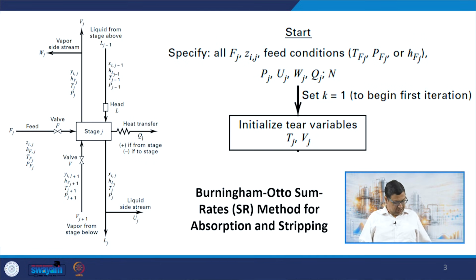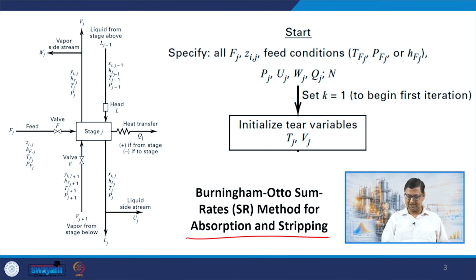There is a method called the sum rate method that is particularly used for absorption and stripping. Keep in mind that the vapor liquid cascade can be there for a distillation problem where we are using an ESA, heat, to create a vapor phase, or it can also be used for absorption and stripping where we are using an MSA, which is a liquid for absorption and a vapor for stripping.